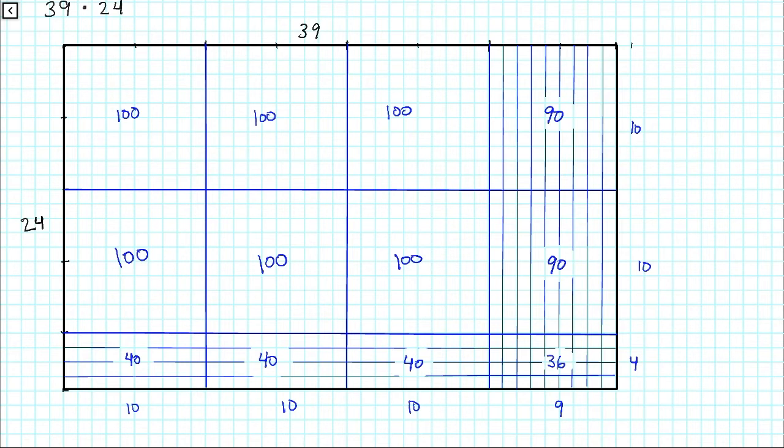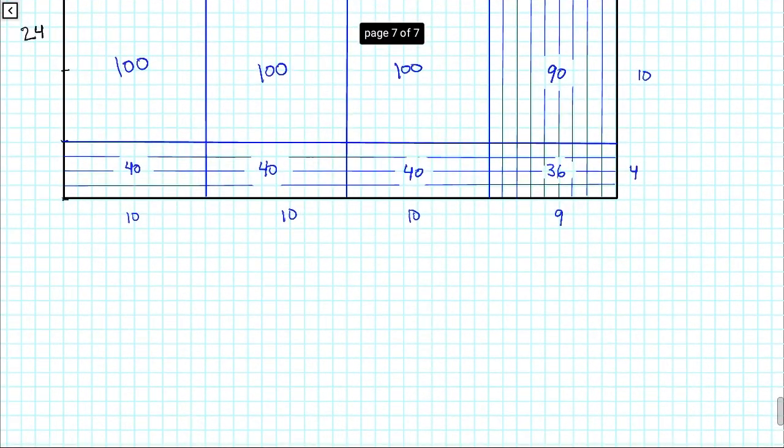And so now when we look at this, we have 6 groups of 100, 2 groups of 90, and 3 groups of 40, and one group of 36. Okay, so let me write that down. So this is 6 groups of 100, and 2 groups of 90, and 3 groups of 40, and 36.